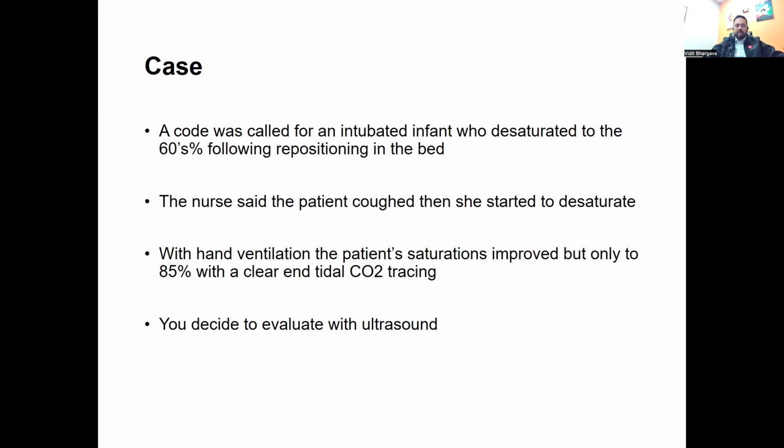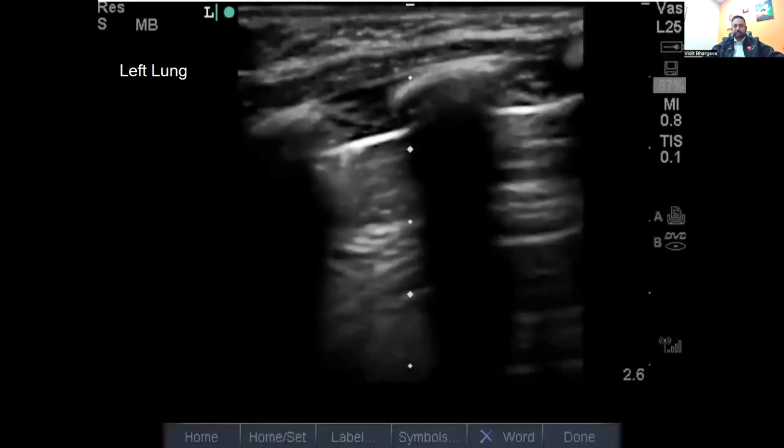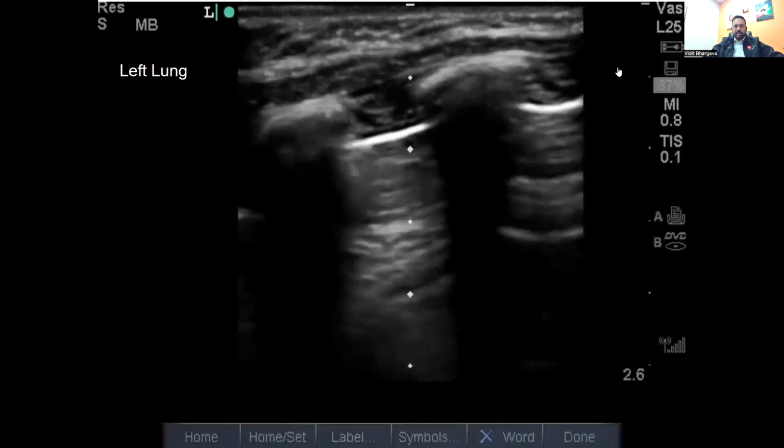And so you decide to evaluate with ultrasound. The point of care questions in this case are very similar to the case before. Is the ET tube completely dislodged? With an end-tidal tracing, it seems unlikely. Is the ET tube displaced into one of the main stems, or does this patient have a pneumothorax? And so here are some images.